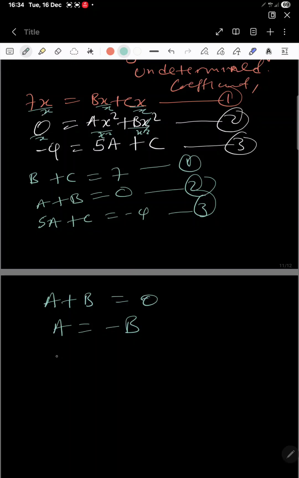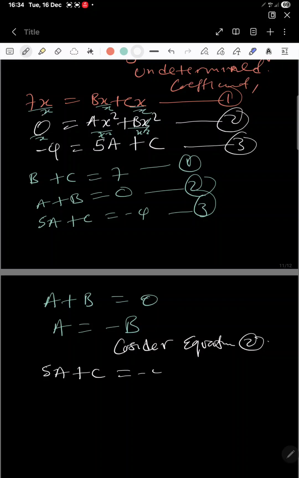So consider equation 3, 5a plus c is equal to negative 4. Whenever there is a, we put negative b. So we say 5 times negative b, plus c is equal to negative 4. So this is negative 5b plus c is equal to negative 4.